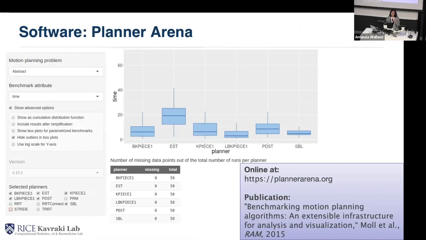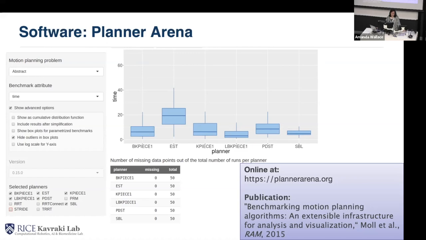And this is not done in OMPL, but it's done in a companion software suite, which is called Planner Arena. So in Planner Arena, you can take the planners that OMPL has. You can input your space, your problem, and it will give you back examples like this one, where you can get box plots for the performance of the planners.